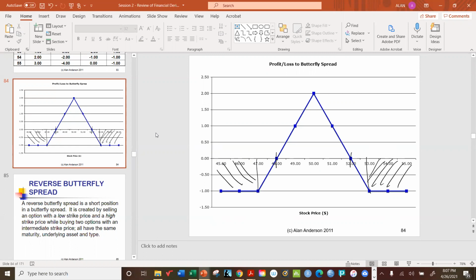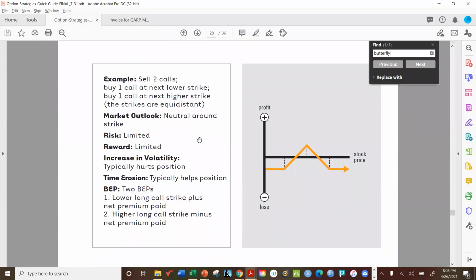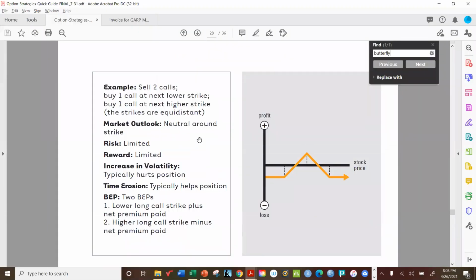Okay, so let's see what they think about this. It says here, market outlook is neutral around the strike. The risk is limited, the reward is limited. Volatility makes this position worse because that means that there's a chance that the stock price will move extremely high or extremely low.